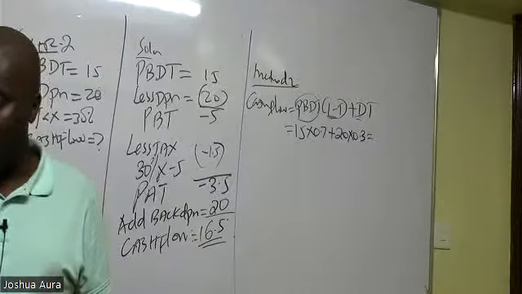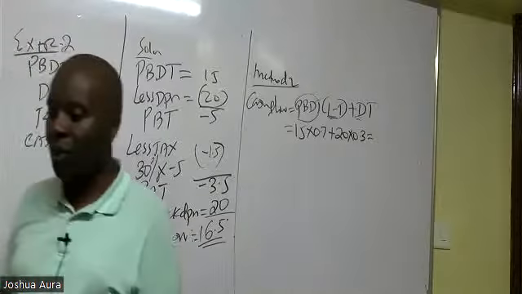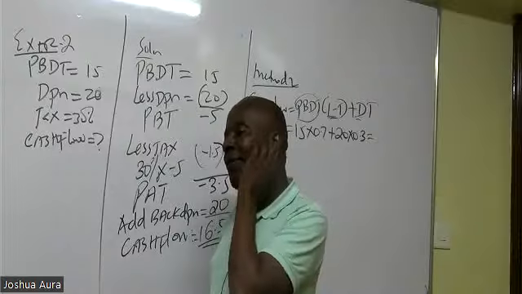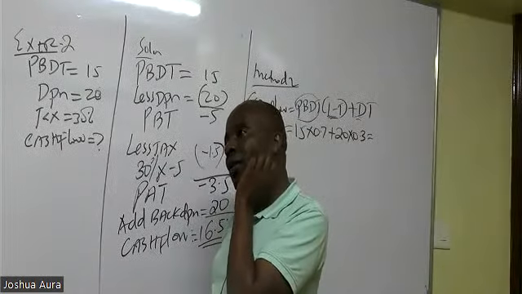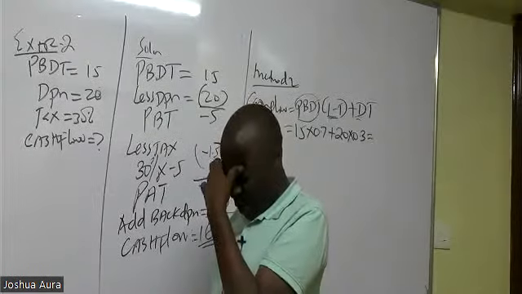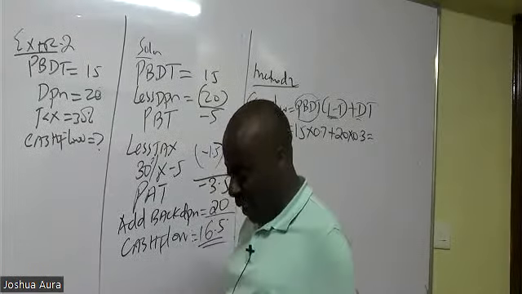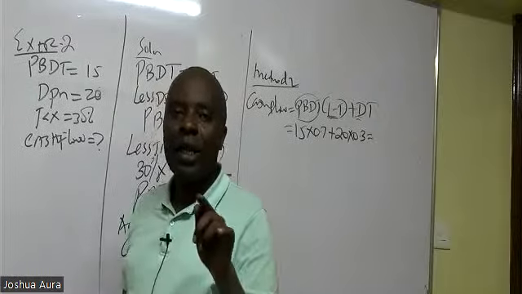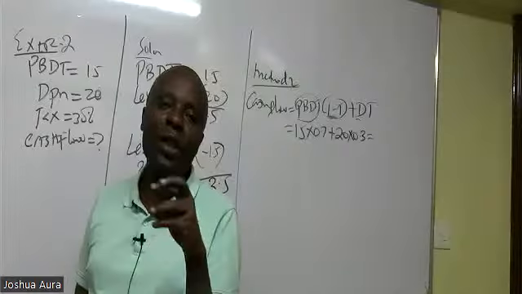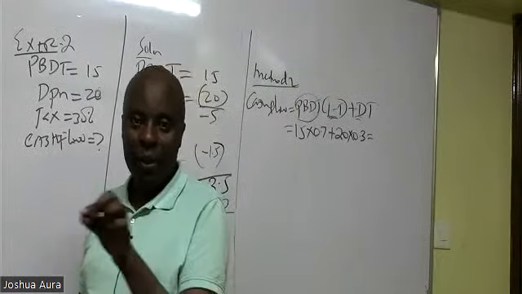Do you still call it profit after tax? Good question. Even if it's negative, remember, Agnes, the worst mistake you can ever do is, for example, when somebody asks you what was the loss of Kenya Airways last year, and you go and say, Kenya Airways made a loss of negative 10. When you call it a loss, then you can't put a negative.